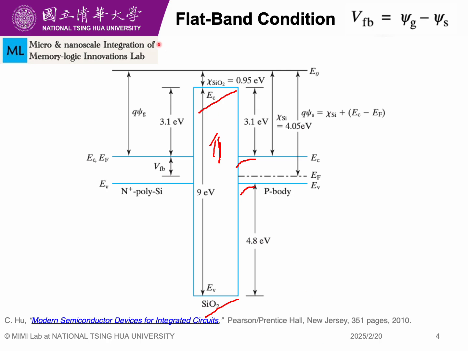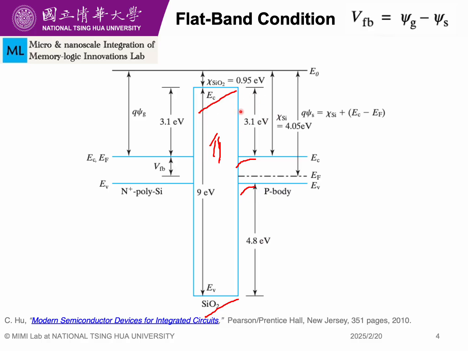You have to understand one thing, that E0 must be continuous across any interface. This is also valid for the Si-SiO2 interface. The conduction band of SiO2 here is 3.1 electron volts higher than that of silicon.